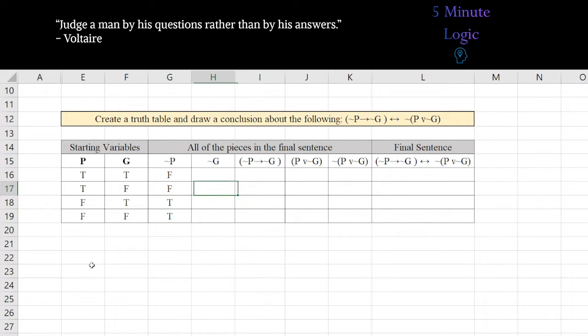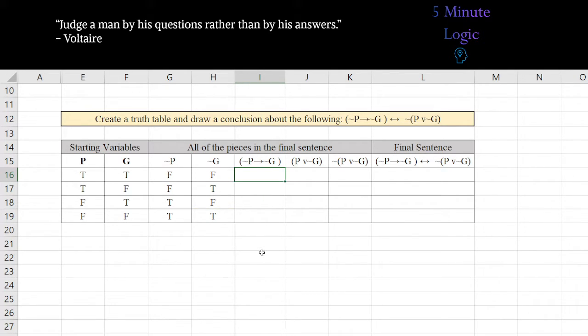Okay, same idea with not Q. Not Q is just the opposite truth values of Q. So T, F, well, we're going to go backwards with that. Now it's false, true, false, true.